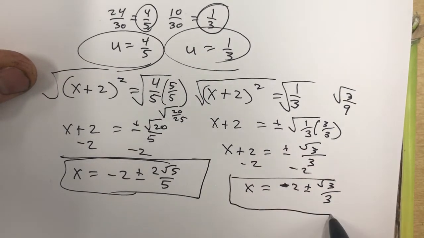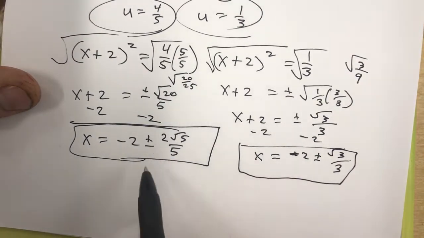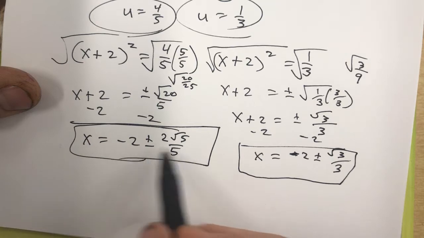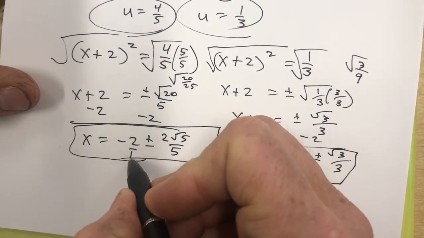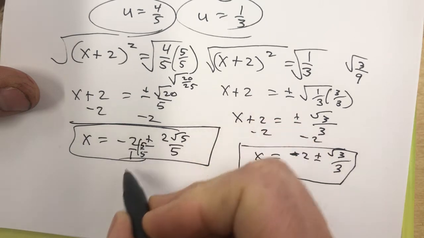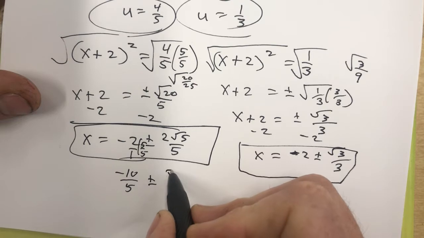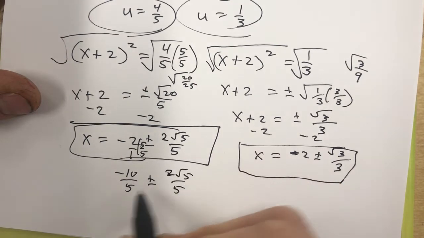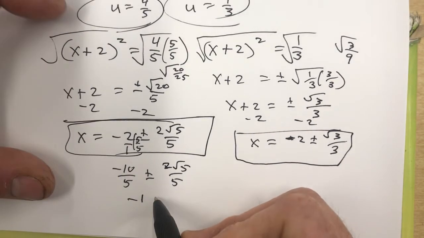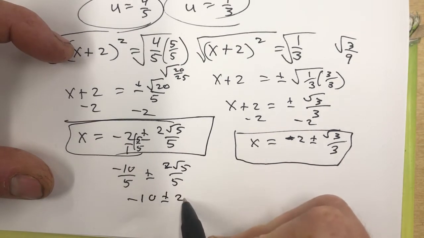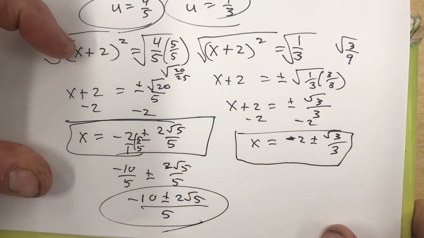Now, it seems like maybe they've got it in a different form, which I think they might have it all over this 5 somehow. So what I could do there is I could take this 2 over 1, multiply top and bottom by 5, which would make negative 10 over 5. And now I could put these together and have it negative 10 plus or minus 2 radical 5 all over 5 in one concise thing like that.